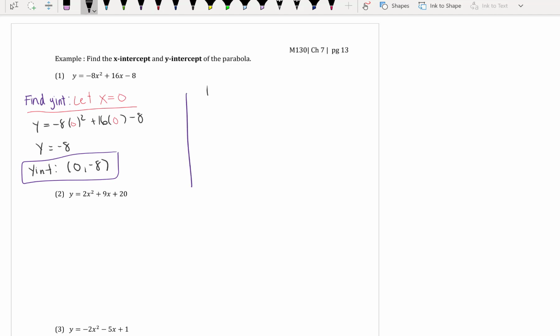Now, to find the x-intercept, that is when you let your y equal to 0. So if you're going to let your y equal to 0, you're going to have 0 is equal to negative 8x squared plus 16x minus 8.